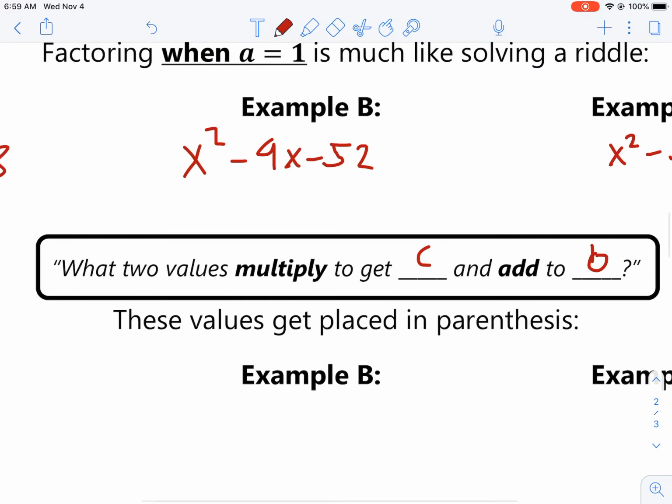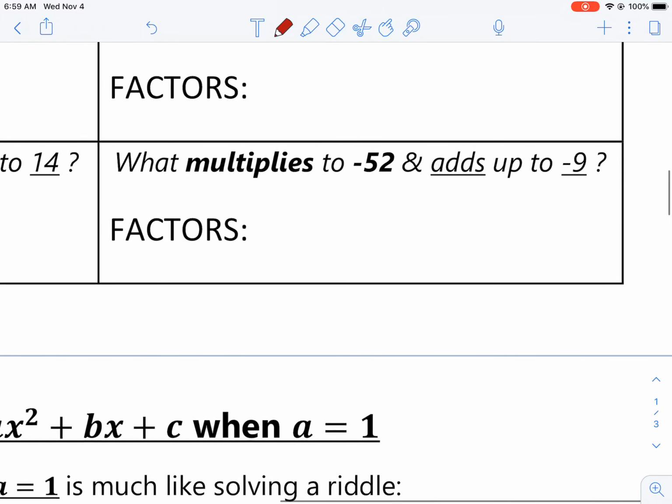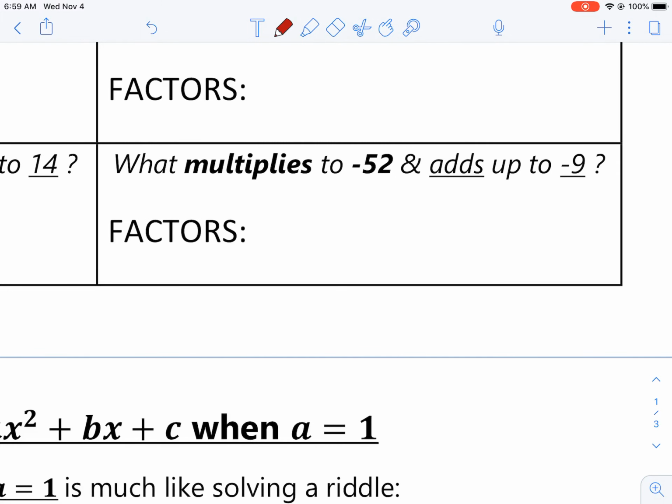So let's do this one. What multiplies to -52 and adds up to -9? What multiplies to make 52? 14 and 6? No, it's too low. Wait, maybe that's right. I actually haven't done this yet. 14 times 5, no. 13 times 4?